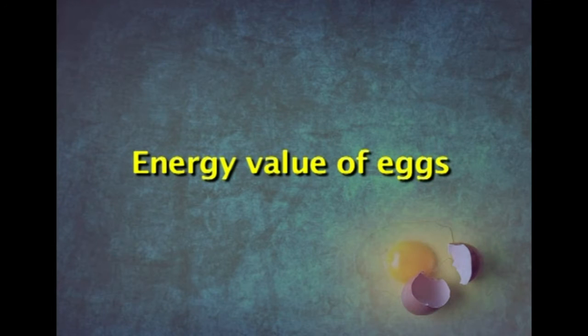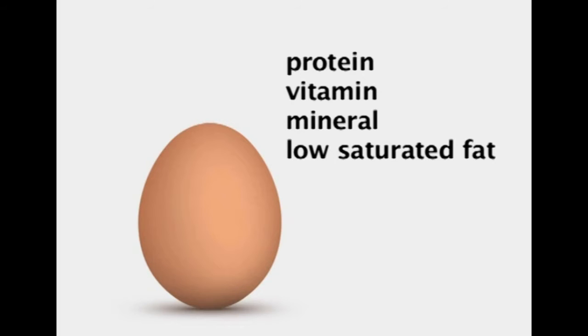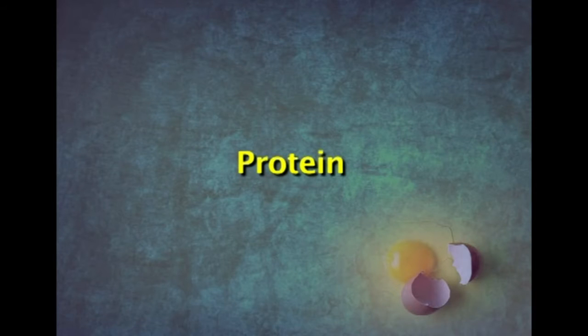Now, let us look at the energy value of eggs. One medium egg, which is about 55 grams, has an energy value of 86 calories, as I have already said. With their significant protein, vitamin and mineral content and relatively low saturated fat content, eggs are a valuable component in a healthy diet.